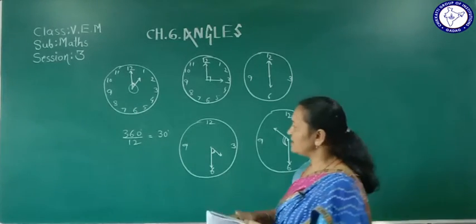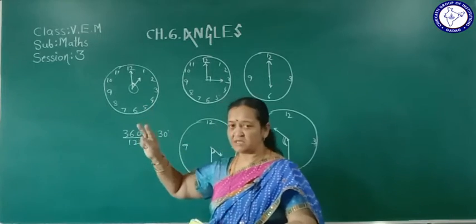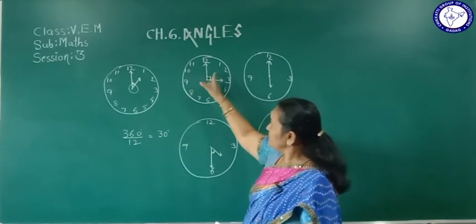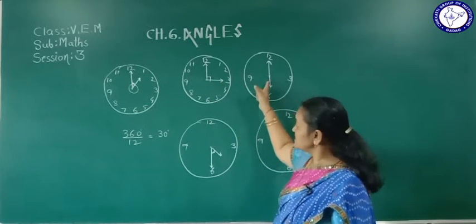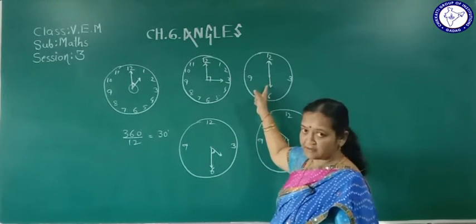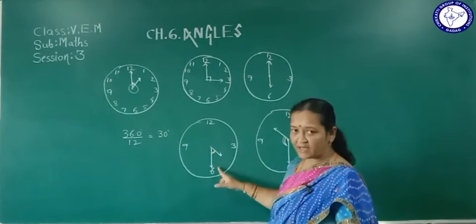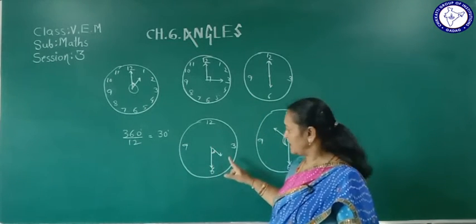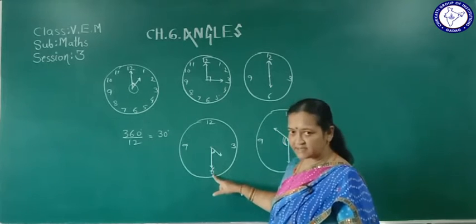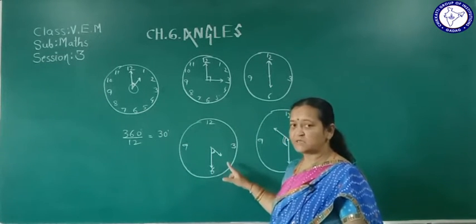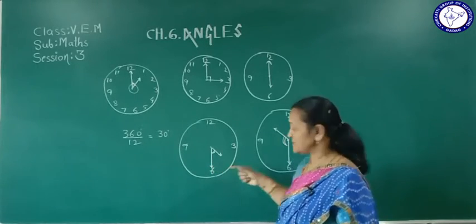So the angle between any two numbers is 30 degrees, here it is 90 degrees, this is 180 degrees. Then here you will find an acute angle, it may be 60 degrees if it is at 4 and here 6. Then the angle between two numbers is 30, so here it is 60 degrees.